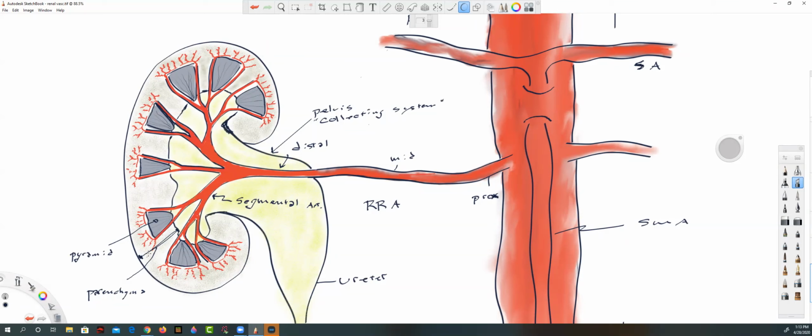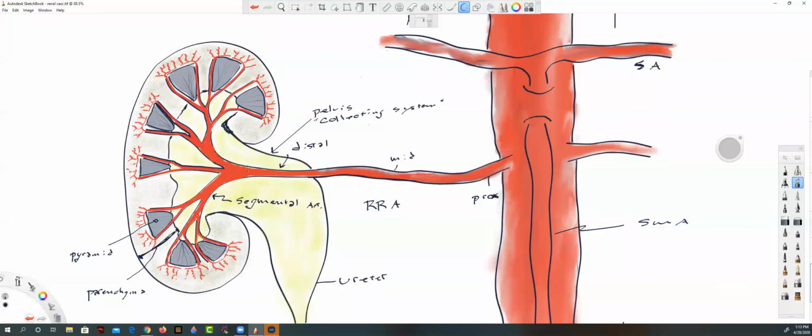The tissue of this organ goes from the outside to the collecting system. The collecting system is obviously still tissue too, but it's not considered part of the parenchyma. So the whole thickness is the parenchyma. And I'll hold off on other definitions for now.